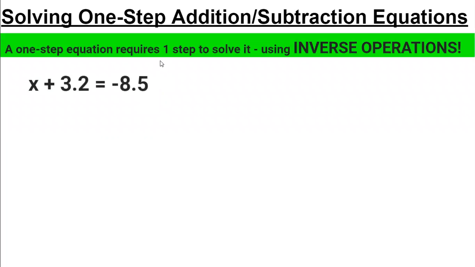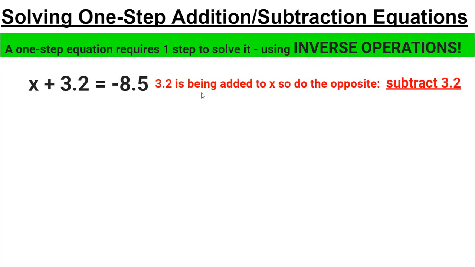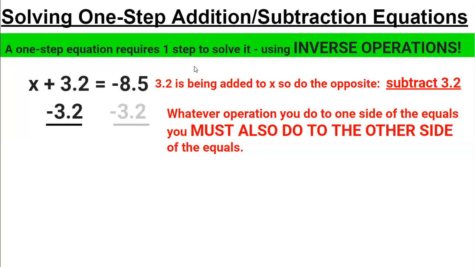Okay, let's look at another one. X plus 3.2 equals negative 8.5. So 3.2 is being added to X, so you do the opposite, you subtract 3.2. Do it to both sides of the equals. And then you get 0 for the positive and negative value, and you have X plus 0 equals, and then you subtract: negative 8.5 minus negative 3.2 is really negative 11.7.